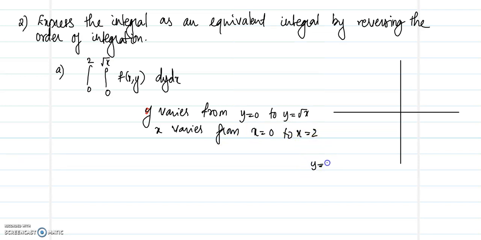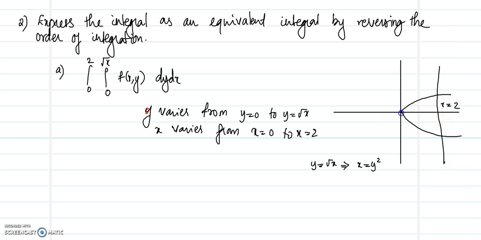Now y equal to root x gives x equal to y square. So that is this parabola y equal to root x. അപ്പോൾ y ന്റെ വാല്യൂ വേരി ചെയ്യുന്നത് 0 to root x and x ന്റെ വാല്യൂ x equal to 2 വരെ.